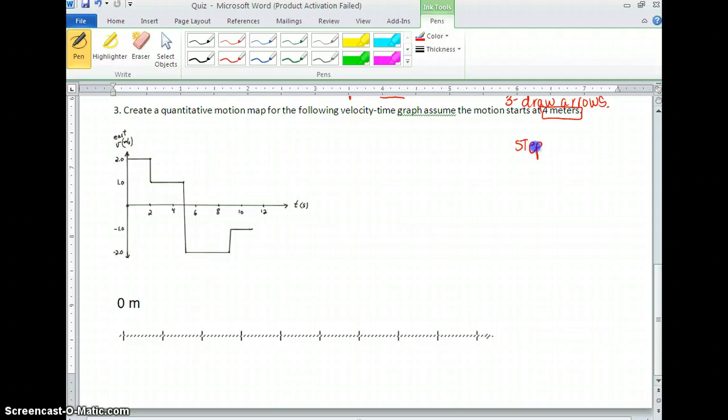So steps then. Step number 1. First thing we want to determine is displacement. We want to know how far did he travel in each interval. So step 1, determine displacement. We determine displacement by finding the area.